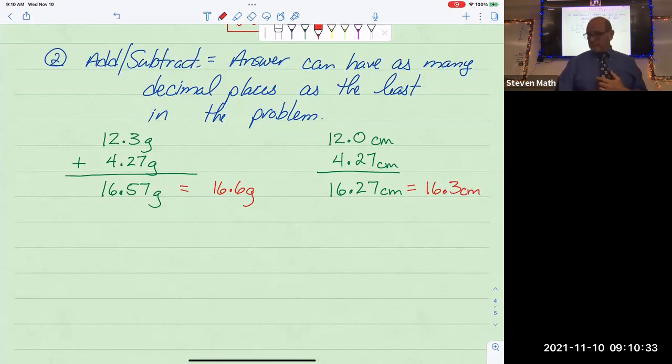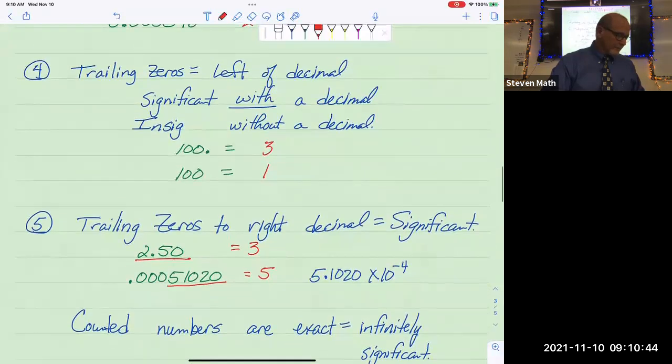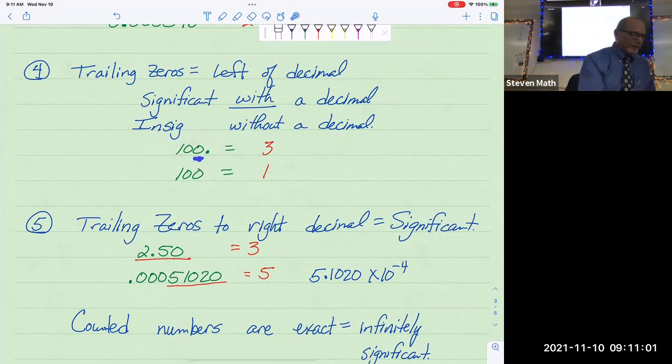Absolutely. And also, for the rule of the decimal, can you explain? Decimals provide accuracy is the best way of explaining that. What this decimal means is when I write this number, I'm 99% sure that my number's between 99 and 101.